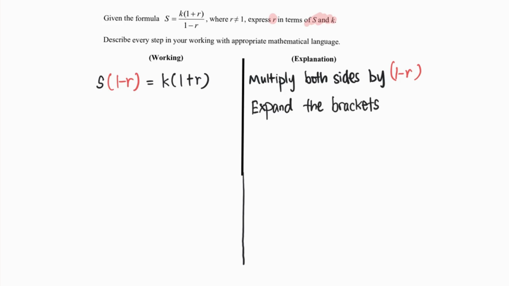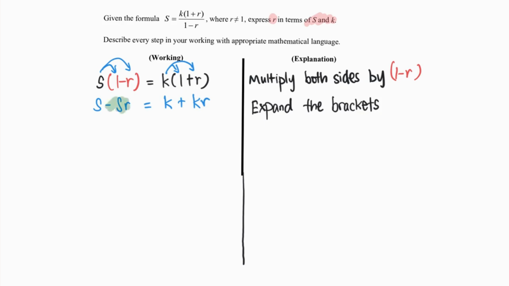So you would then see that I would have my S minus SR equal K plus KR. I'm going to shift all the variables with R to one side of the equation.